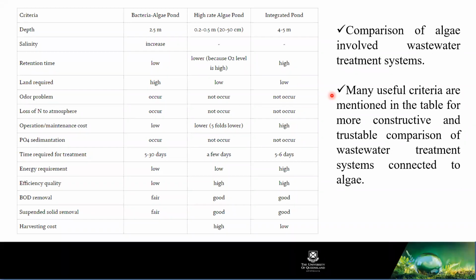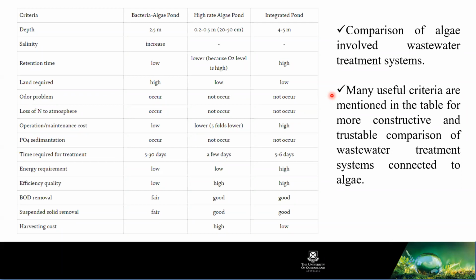The land requirement is low because we require a small pond to handle this effluent treatment. Odor problem, I told you already. Whenever bacteria come into play, we have a very bad smell, whereas algae never cause equivalent foul smells.